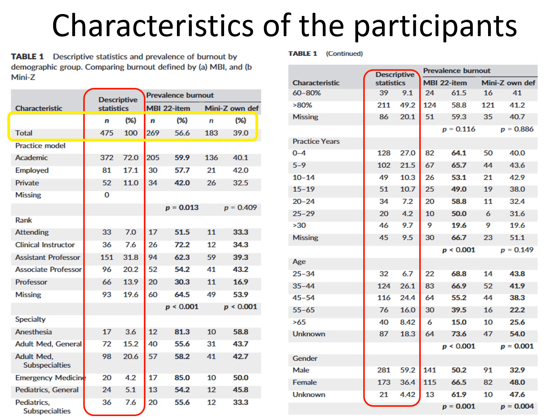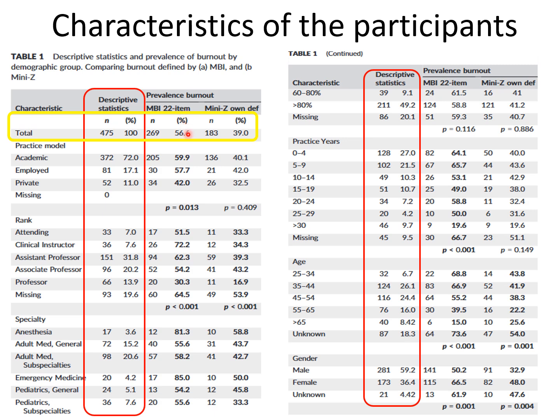If you notice, the first column in both parts of the table presents descriptive statistics. So we had 475 doctors who are distributed based on their practice model, their rank, their specialty, their practice year, age, and gender.